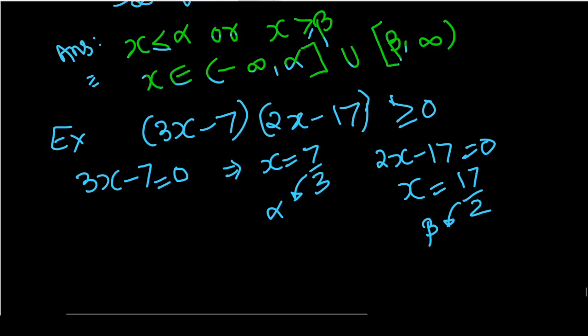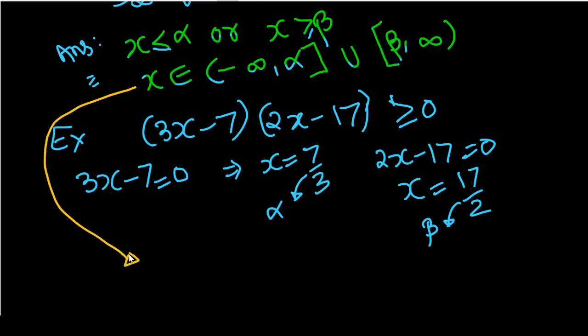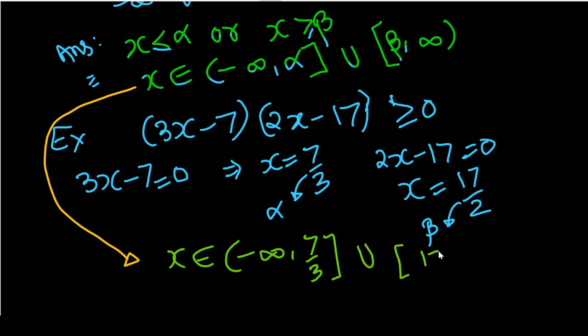we will use this result, and directly we can write the answer, guys, which is x belongs to minus infinity to the smaller value alpha, which is 7 by 3 closed bracket, union beta, which is the bigger value, 17 by 2 comma infinity, guys.